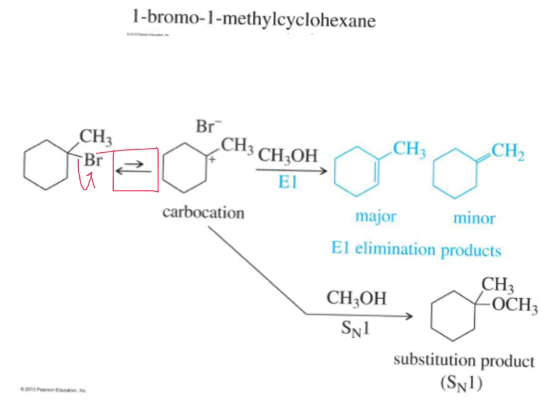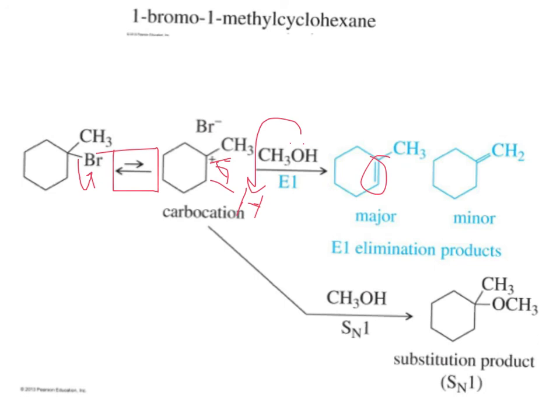Once the carbocation forms, it can undergo either E1 or SN1 because we're using a weak base in this case. If it undergoes E1 elimination, here's your hydrogen. You're having electrons from that oxygen pluck off that hydrogen and then form the double bond. That'll generate this major product.